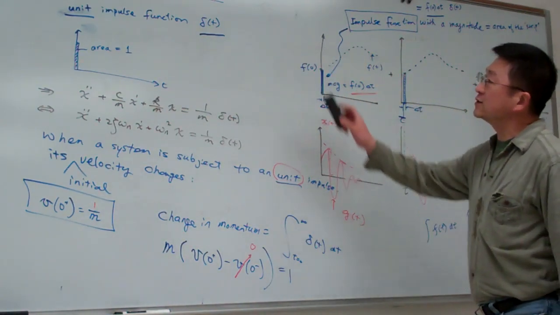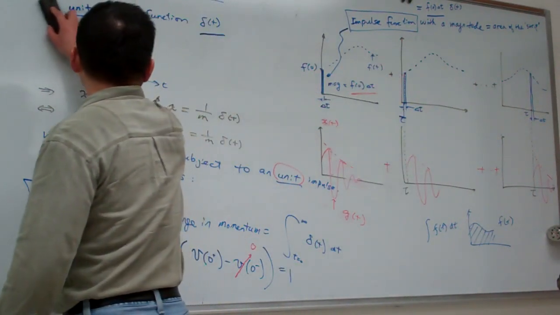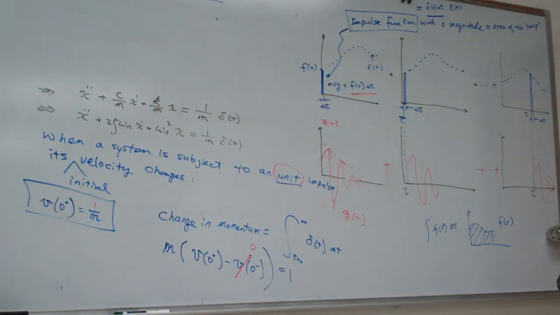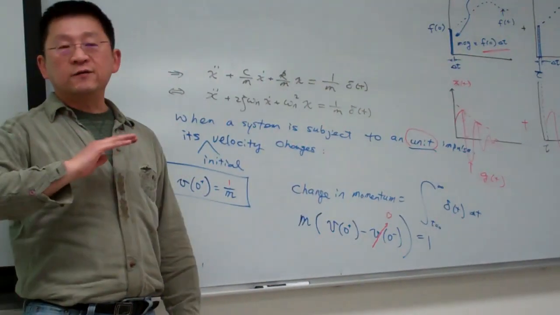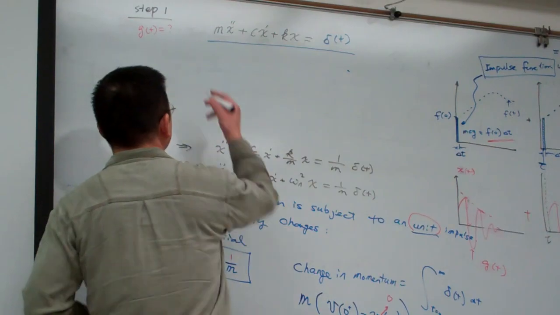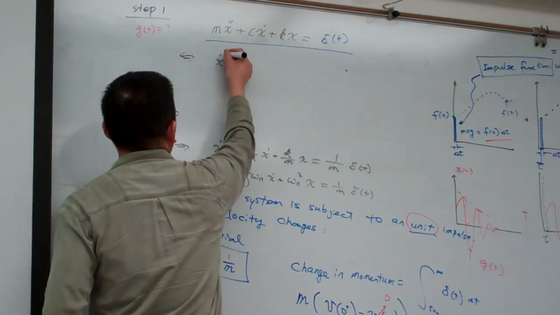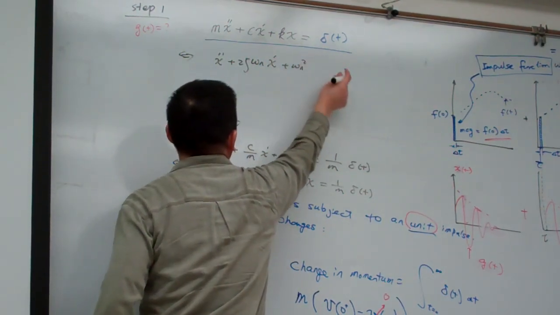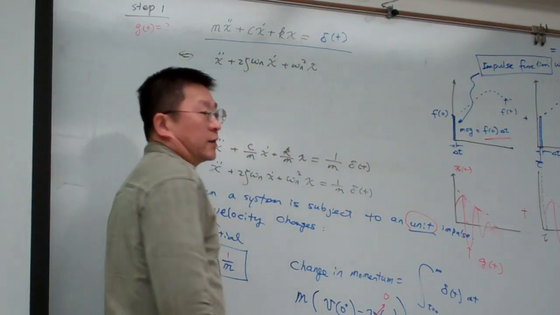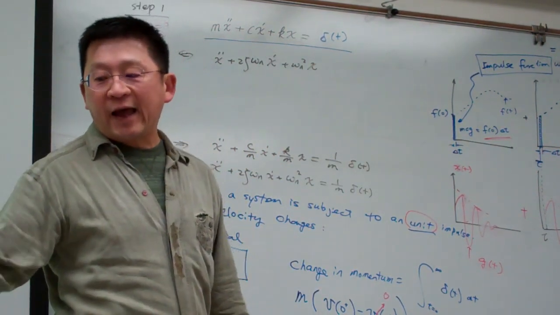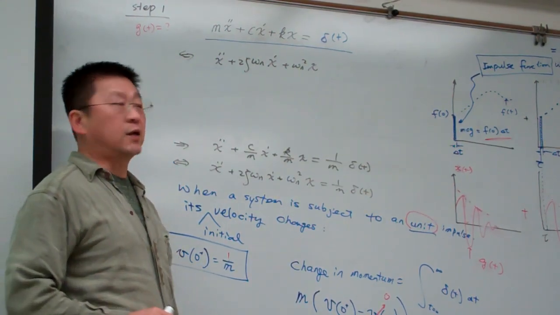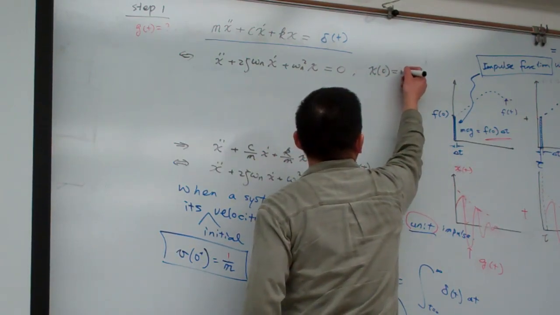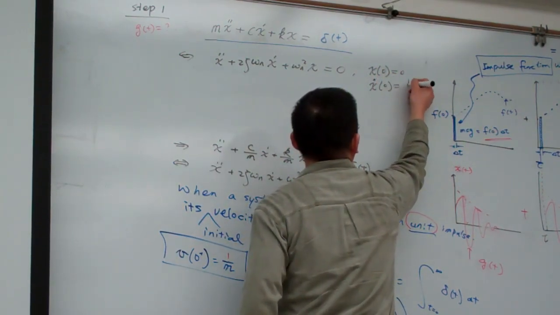Under these situations, let me continue to write here. The impulse is applied to the system, then after no time the force is gone, and the system becomes like this: x double dot plus 2 zeta omega n x dot plus omega n squared x. That is the same description. After the delta t, the force becomes 0, but the system's velocity becomes 1 over m.